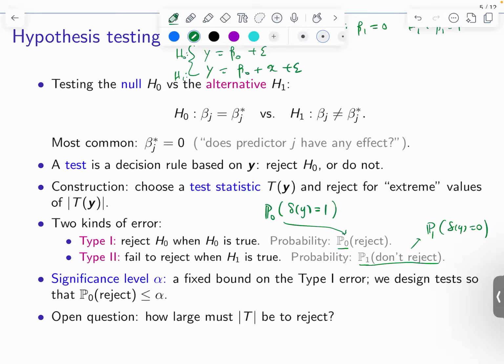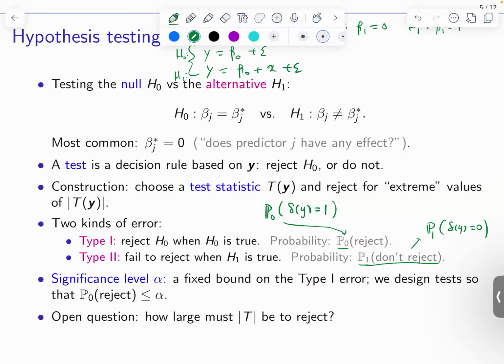I can always drive one of them to 0. For example, I can always decide for 1 and just throw away the information. Then type 1 would be always 1, and type 2 would be 0. So if the decision rule is always 1, my type 1 error would be 1, the other would be 0, or vice versa.